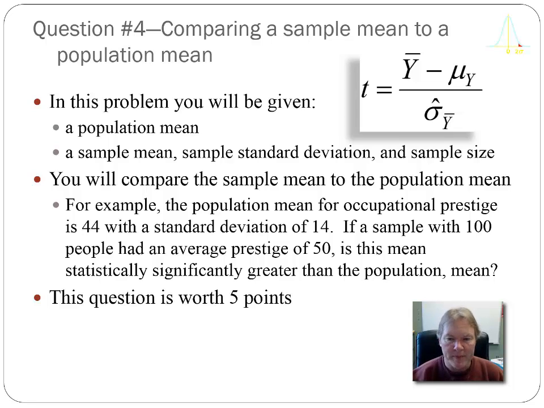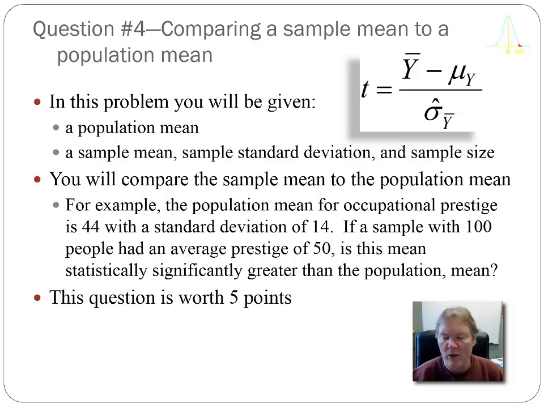So, for example, if the occupational prestige in the population is 44 and it has a standard deviation of 14, and you had a sample with 100 people that had an average prestige of 50, is that 50 statistically significantly greater than the 44? You'd go ahead and calculate a t-statistic.